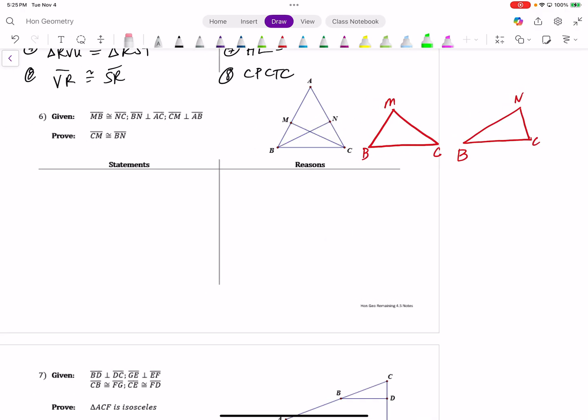Now I am going to do this. I'm trying to prove that this is congruent to this. But I'm going to start back. That's just reminding me of what I'm trying to get to. So I'm going to go through here and mark everything I know. That's given. So MB, again, is congruent here, which on my new pictures sits there and there.